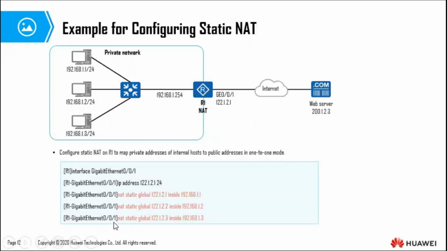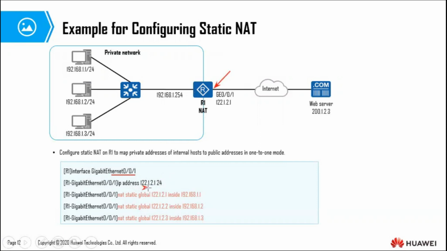So this is an example of configuring NATing, static NAT. Okay, so we are doing it on interface view. We go to the interface. We want to configure it on this interface here.